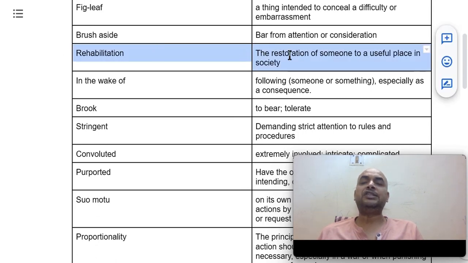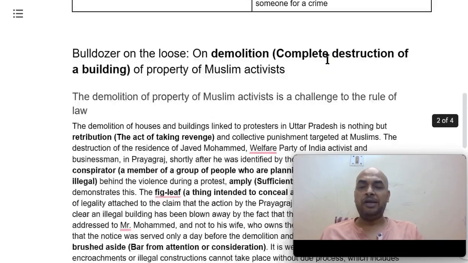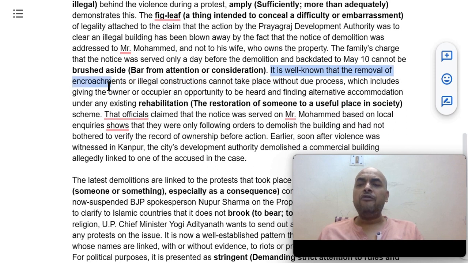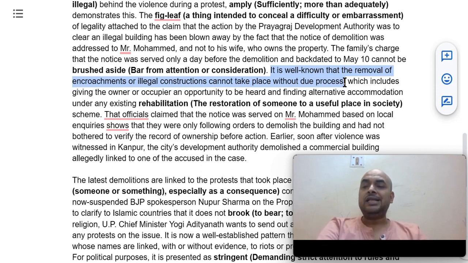Next word we have got is rehabilitation. It simply means restoration of someone to a useful place. किसी को बसाना. Okay, rehabilitation. And it says that it is well known that the removal of encroachments or illegal constructions cannot take place without due process. What they're saying is that if something has to be taken down on the pretext of illegal construction, it should not take place without following due process.